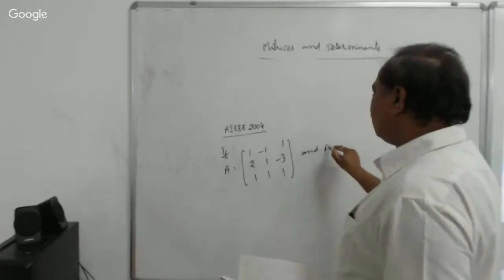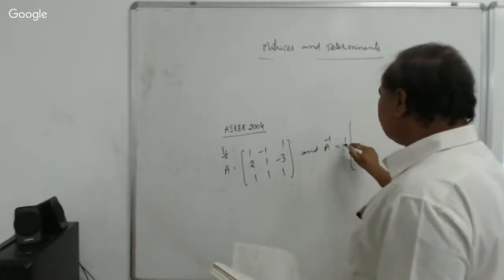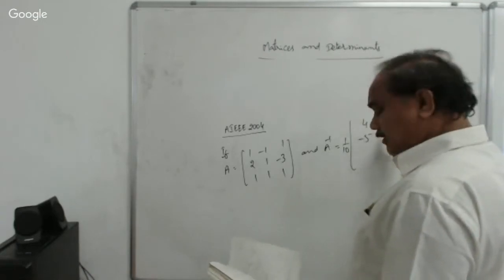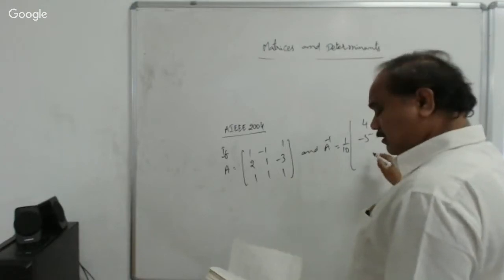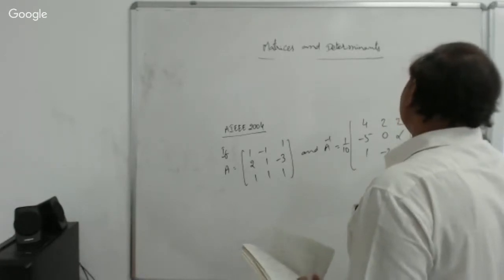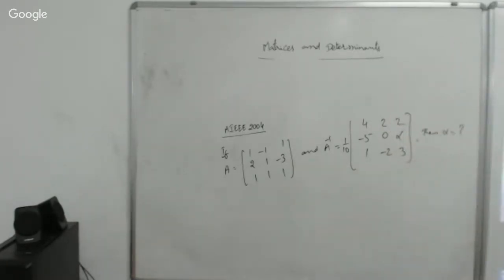And A inverse equal to 1 by 10 into the matrix 4, 2, 2; minus 5, 0, alpha; 1, minus 2, 3. Then alpha equal to x. What is alpha?